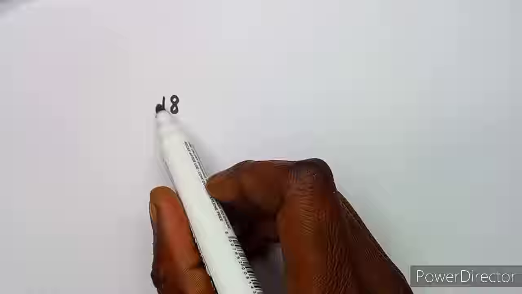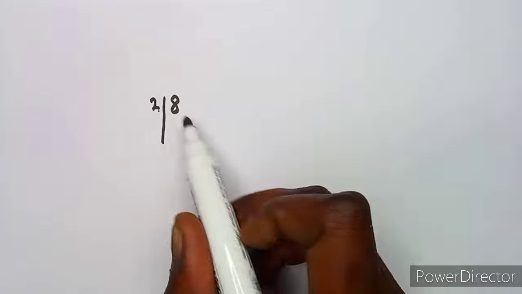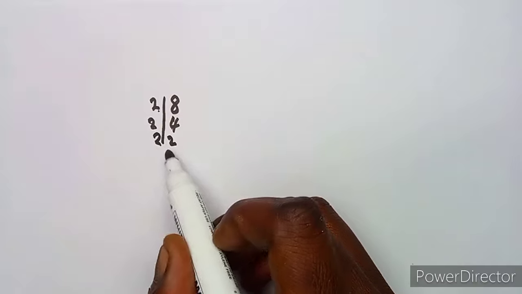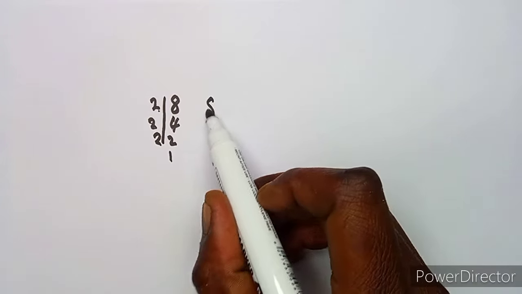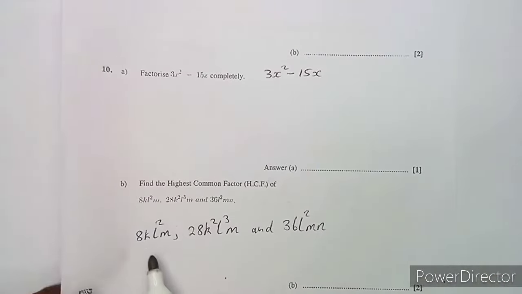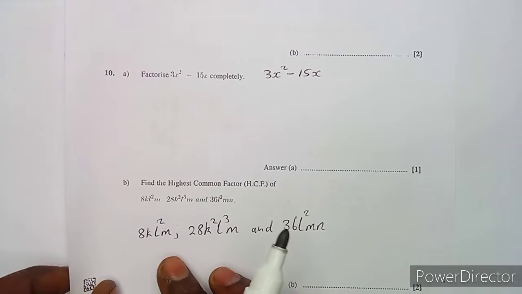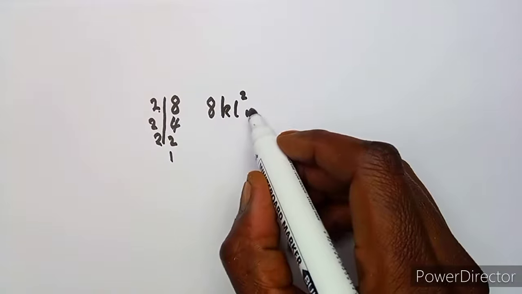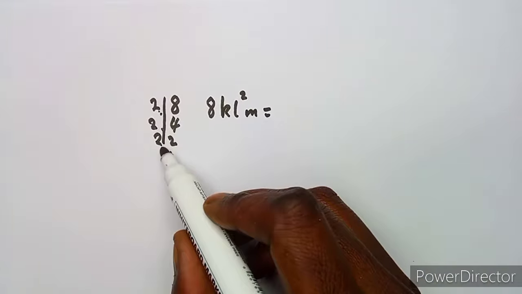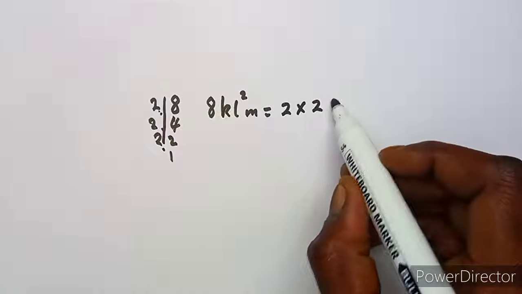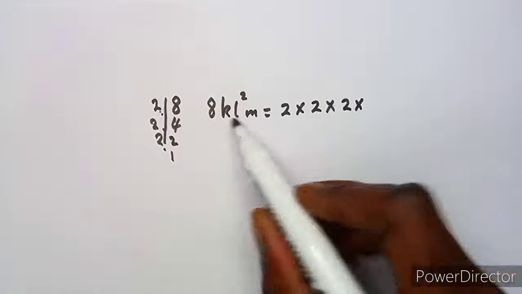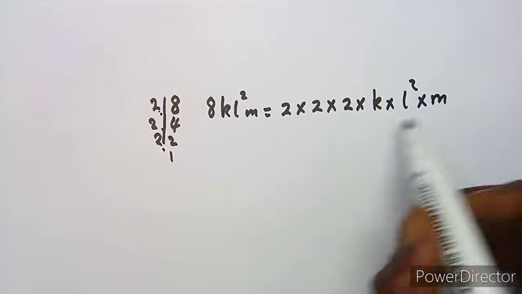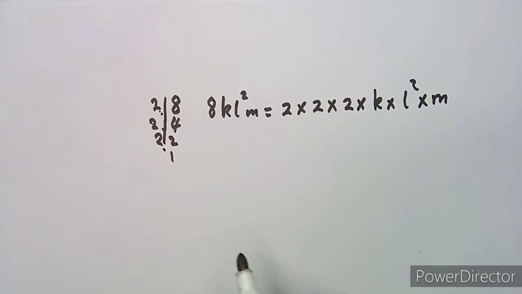So as a product of its prime factors, we've got 8 divided by 2, which is 4, 2 again, which is 2, 2 into 2, that is 1. So that means 8, now we are taking this expression, K L squared M, is equal to 2 times 2 times 2, so this will be 2 times 2 times 2 times, this one you just write as it is. All right, so these ones just write as they are, don't worry about them.